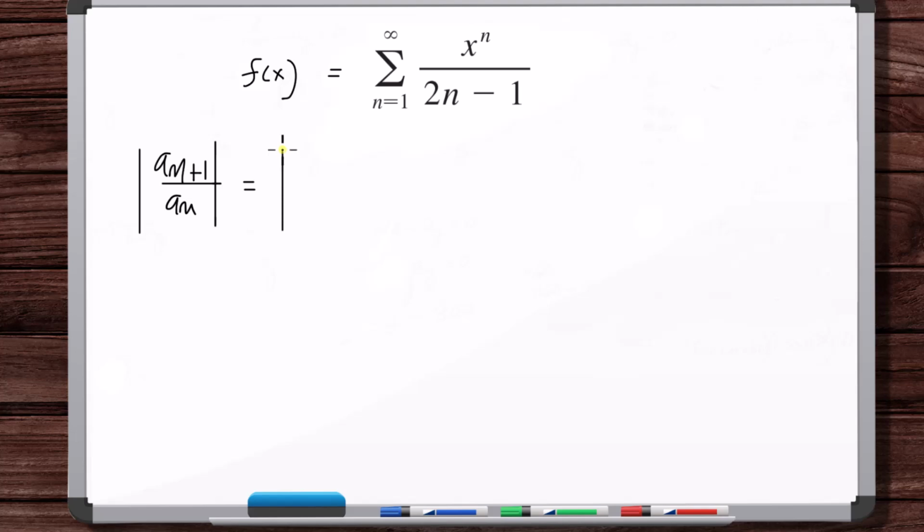All right, so we're not going to get rid of the absolute value. Okay, 2 times n plus 1 minus 1 is what? 2n plus 2 minus 1, 2n plus 1. So 2n plus 1, and then x to the n plus 1, we'll go ahead and separate it like this. Then you've got x to the n.